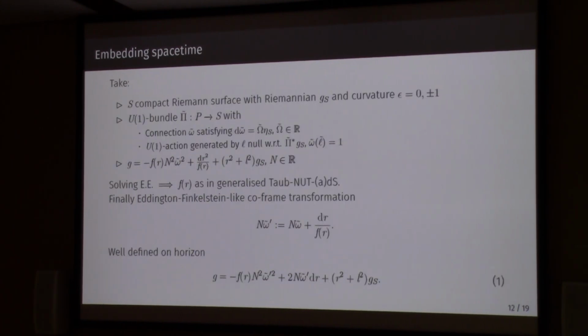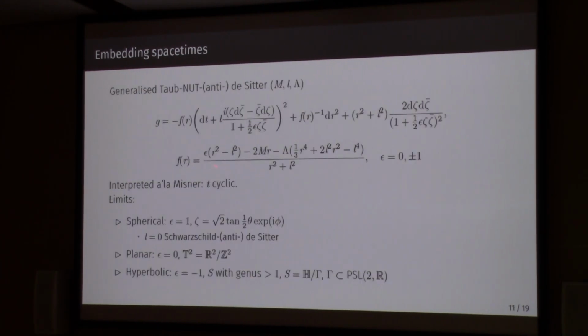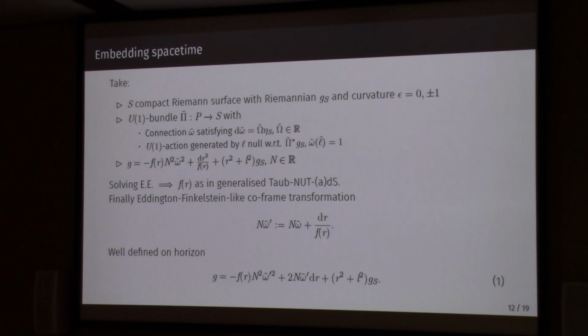And actually, knowing the curvature of these two-surfaces S and this relation is enough to write down the Einstein equations, solve them, and show that this F is really just the same as in the generalized Taub-NUT-ADS case. So the embedding spacetime is at least locally isometric to the generalized Taub-NUT-ADS.